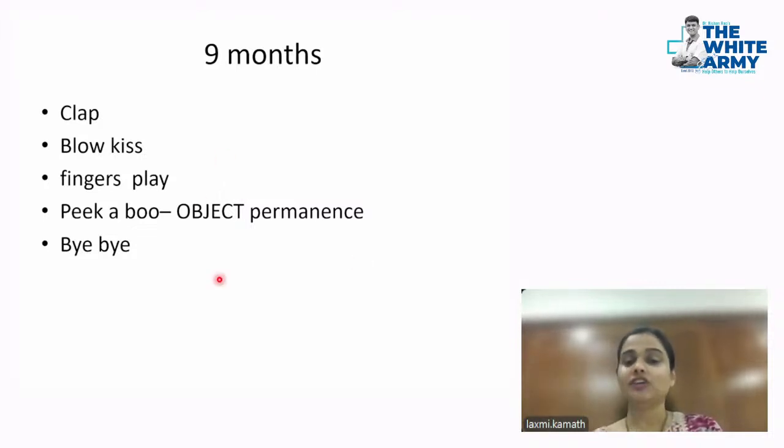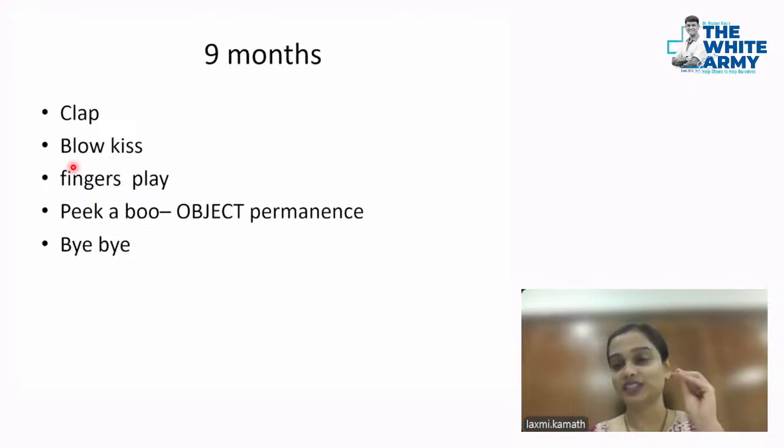So that is the meaning of object permanence. Now finger play, that means if you give toys to different fingers and say this is mama finger, dada finger, and try to explain, at 9 months, the child will be able to play using fingers. So that comes around 9 months.